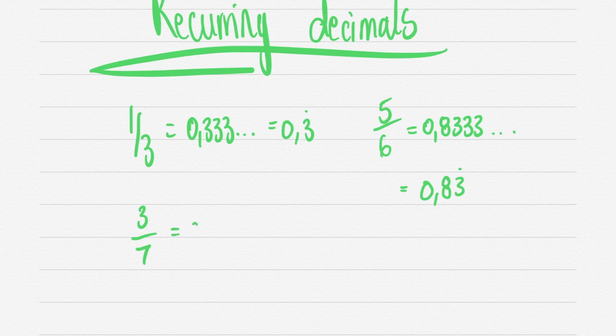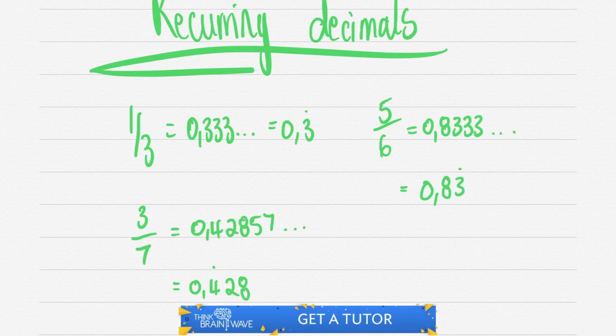Now lastly, let's do 3 over 7. This would give you a value of 0.42857, 42857 again. You see, that's what the dots mean. So you'd actually generally write 0.42857 with a dot on every number. Alright, let's move forward.